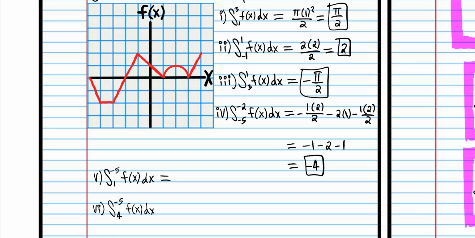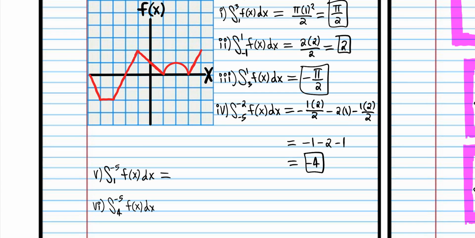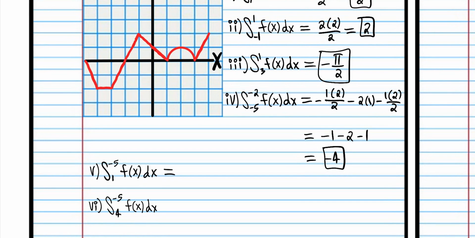So that is, well, it's the area of this triangle plus the area of this trapezoid thing. And notice we're going from right to left. So the triangle above the x-axis is going to be negative area, and the trapezoid below the x-axis is going to be positive area. So the area of the, let me show that again. This is the area we're finding.